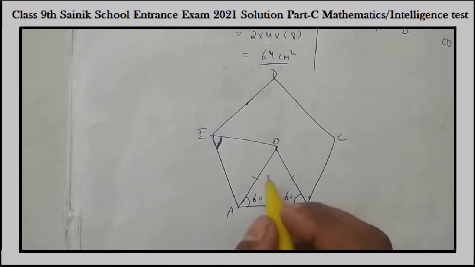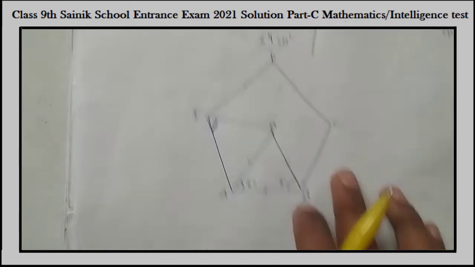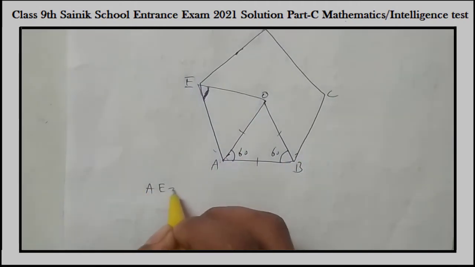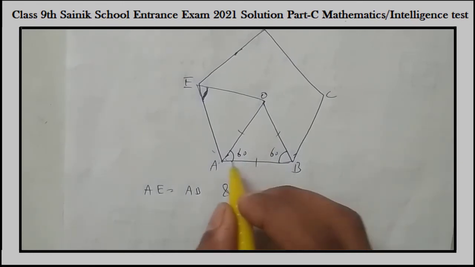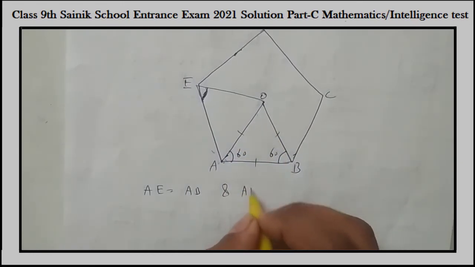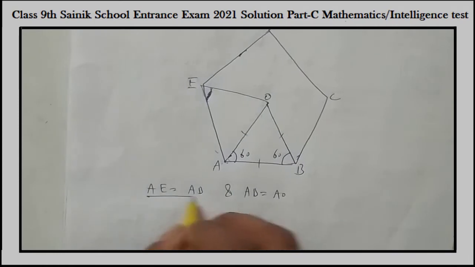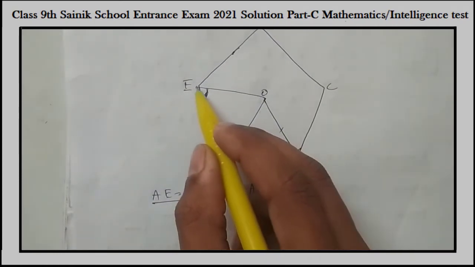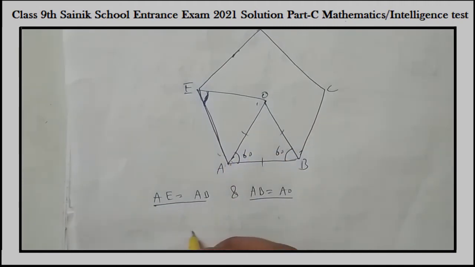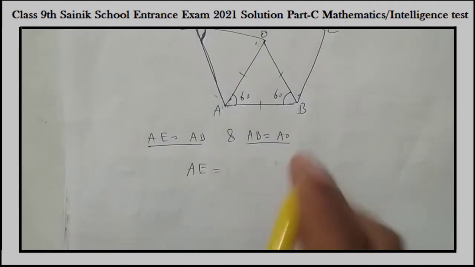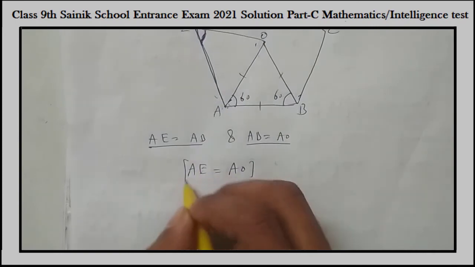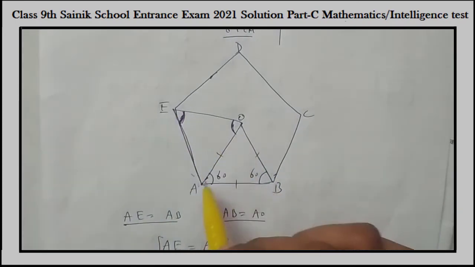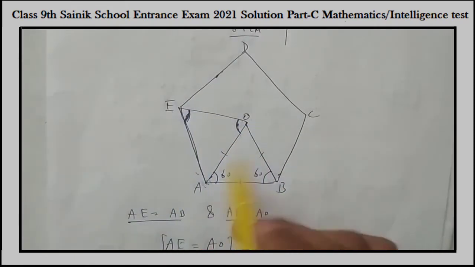First of all, we know that AE is equal to AB, and AB is equal to AO. So by comparing both these equations, we can easily say that AE and AO are equal, which means this angle is equal to this angle. Angle AEO is equal to angle EOA.